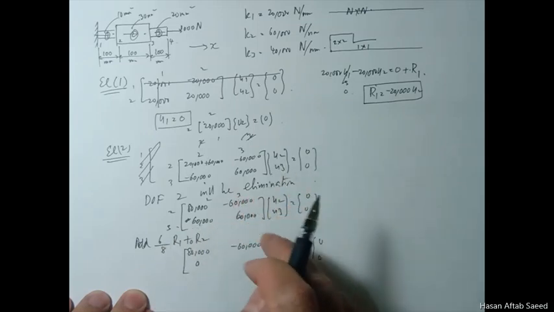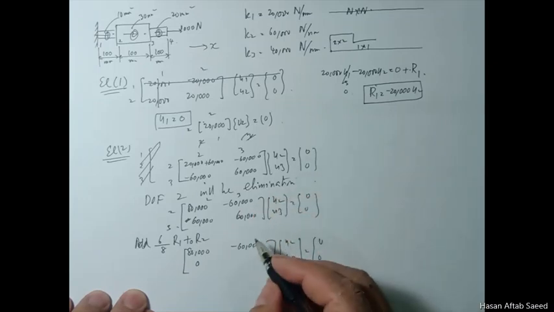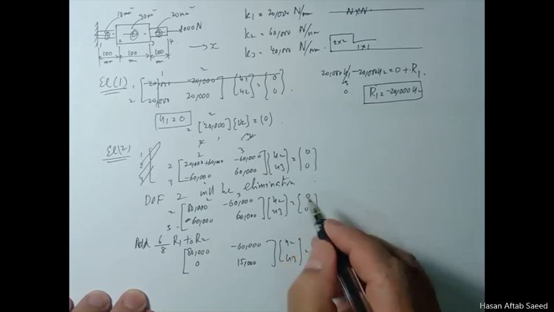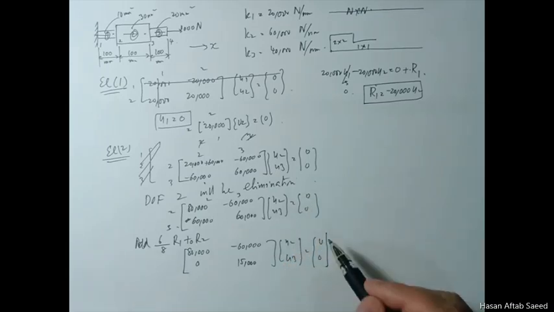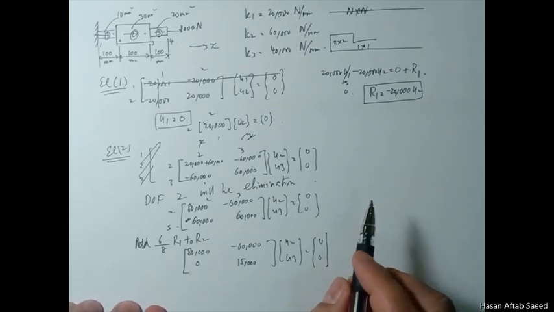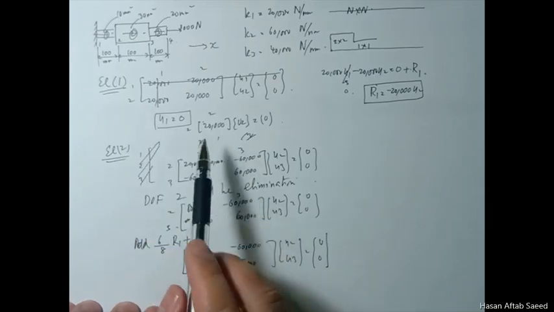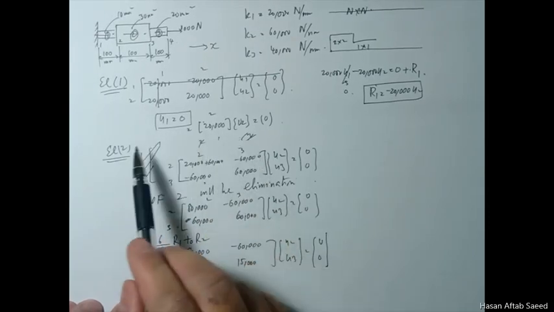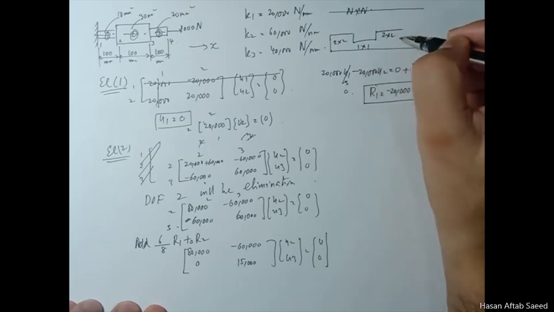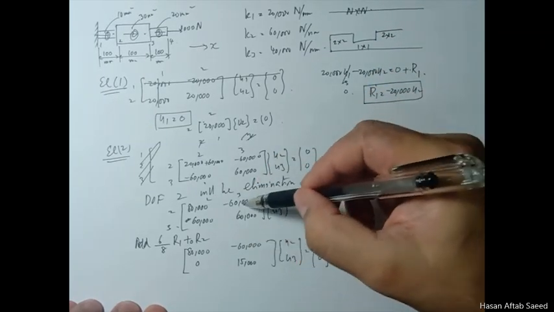Similar operation has to be done on the other two entries also. This becomes 15,000. This is 0 because this is 0, so it doesn't matter. Both of these are 0. So again, this became 1 by 1. Then you added another element. Again, it became 2 by 2 here.